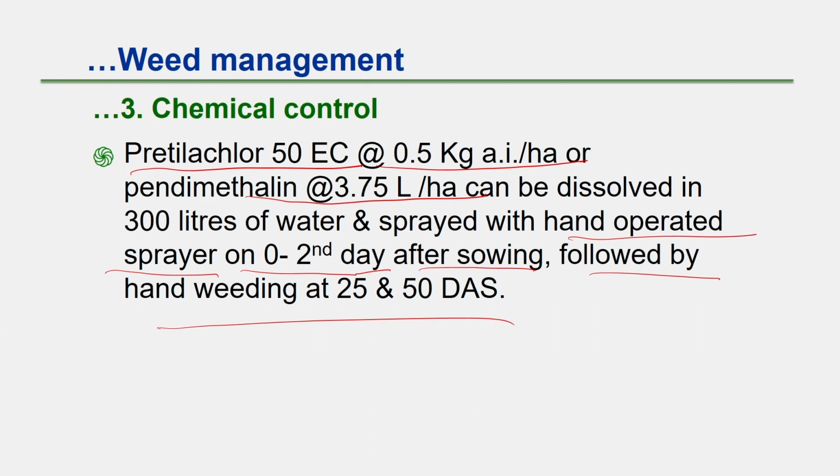Here you are seeing it is a kind of integrated weed management where chemical application can be combined with hand weeding. Hand weeding can be done at 25 days after sowing and 50 days after sowing, and pendimethalin can be sprayed as pre-emergence, means immediately after sowing.